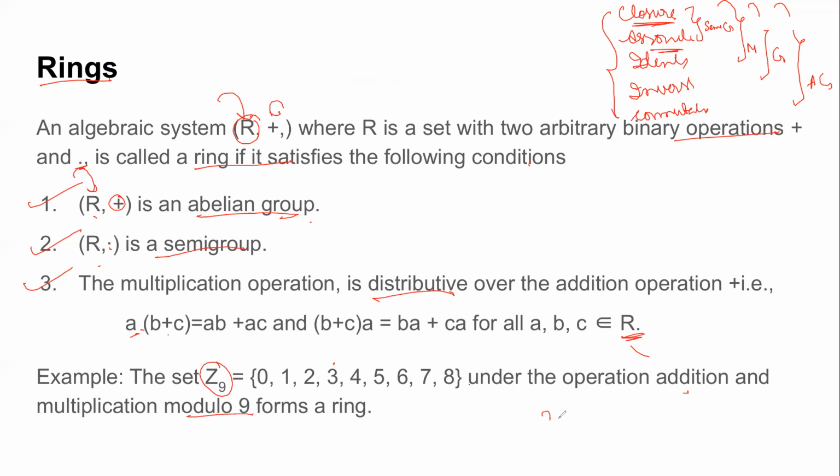If you do a modulo 9 operation on this set, you will see it's a closed structure, and it's a ring under addition and multiplication. Modulo 9 basically means the remainders are always going to be from 0 to 8. You can check it for yourself. You will see that it satisfies all the properties of being an abelian group under addition, being a semi group under multiplication, as well as being distributive.